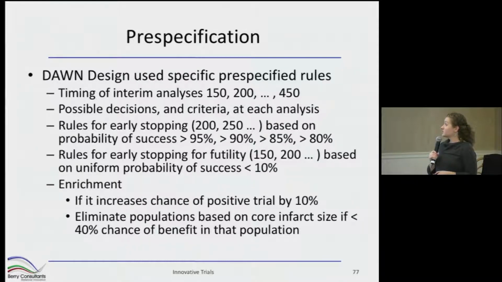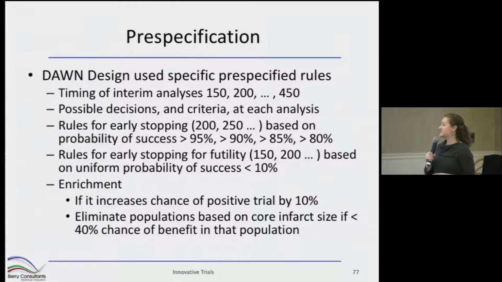The rules for early stopping were based on the predictive probability of success. And then the rules for stopping for futility were based on whether the probability of success in all of those populations was less than 10%. The enrichment criteria here was based again on the predictive probability of success.